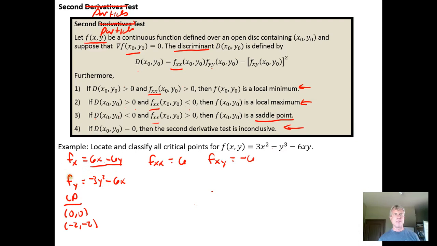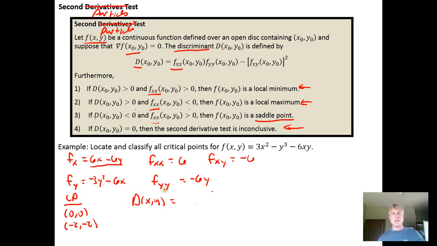And here I have my first partial derivative with respect to y, so I can calculate my second partial derivative with respect to y. And taking the derivative with respect to y is going to give me -6 times y. So now I have the pieces that I need to create the discriminant. So the discriminant as a function of x and y is going to equal the product of the second partials with respect to x and y.